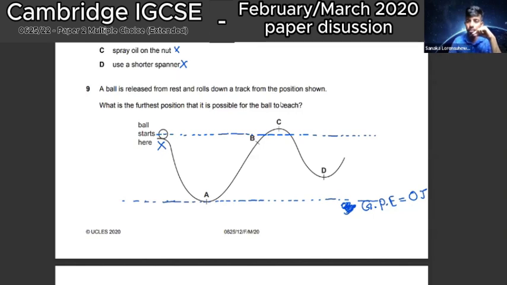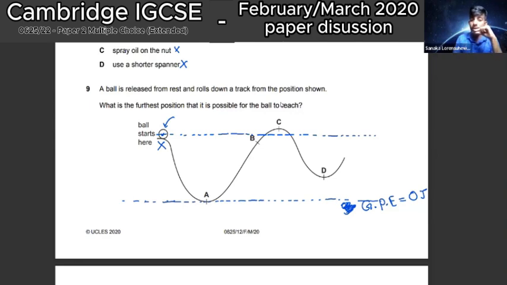The starting point X has gravitational potential energy. This line has gravitational potential energy 0, but this parallel line is not 0. It has gravitational potential energy. Then the ball has gravitational potential energy at the starting point. How about kinetic energy?